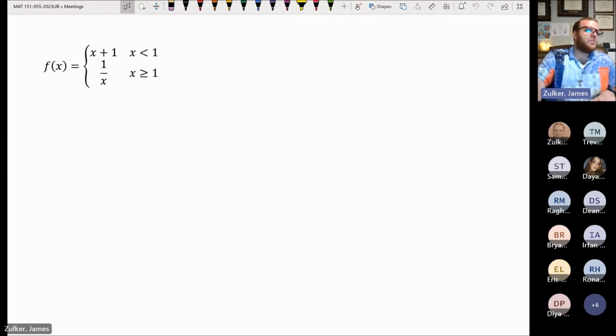x plus 1 has no discontinuities. 1 over x would be discontinuous at 0. However, we're only looking at x greater than or equal to 1, which means 1 over x is not going to have any discontinuities.